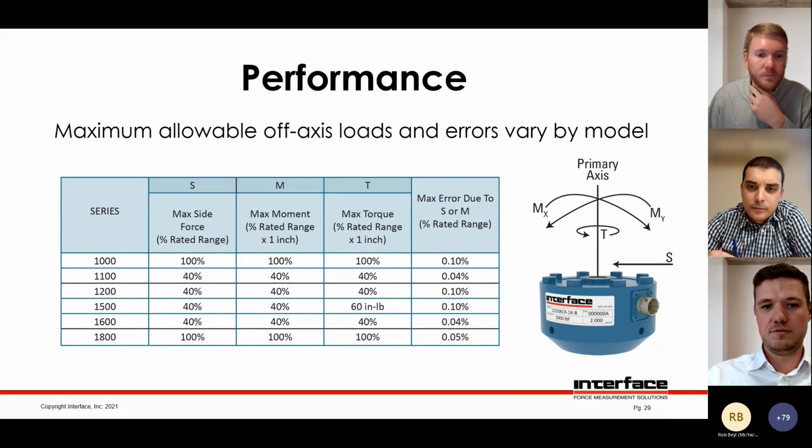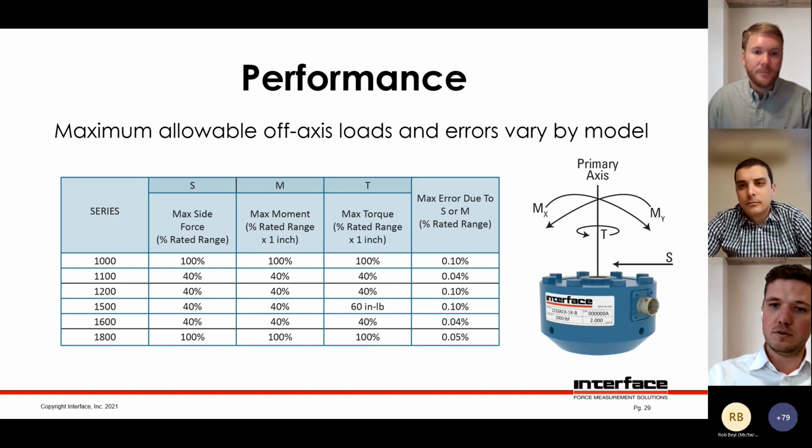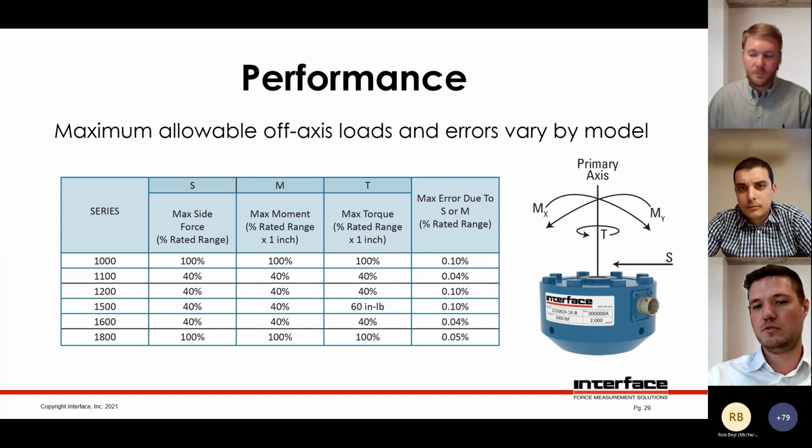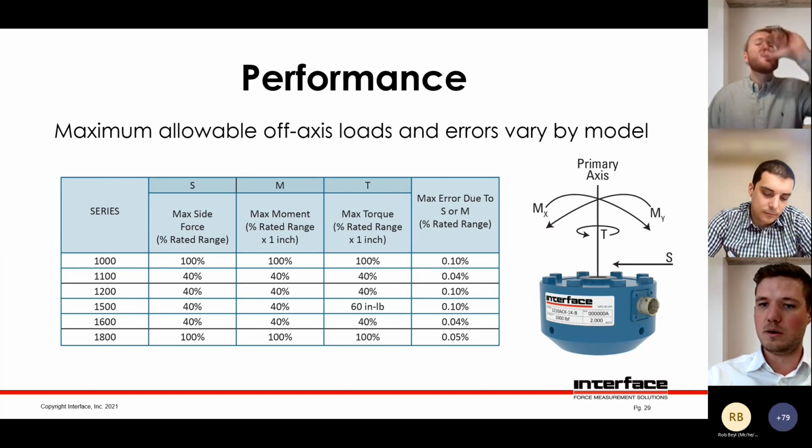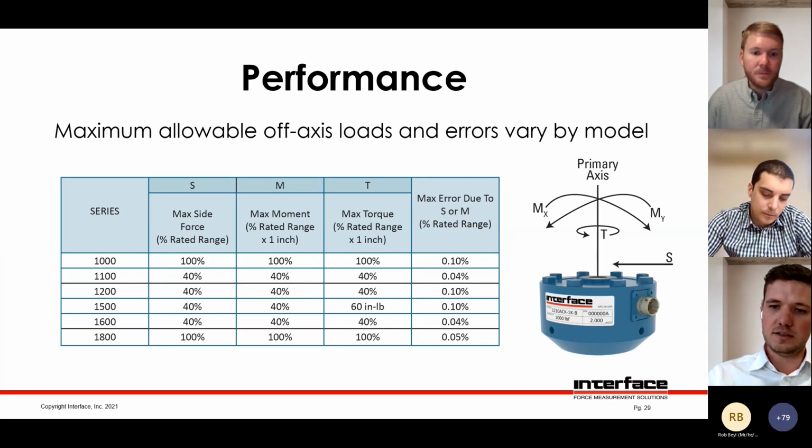But if you're expecting off-axis loads, it's definitely something you should talk to your application engineer about. It's something that needs to be considered when choosing the form factor of the load cell. So the capacity, because if your off-axis load is large enough, it might overload the load cell, so you might have to go for a higher capacity load cell than what's going through the primary axis, as I mentioned before. But it is definitely a very important aspect.